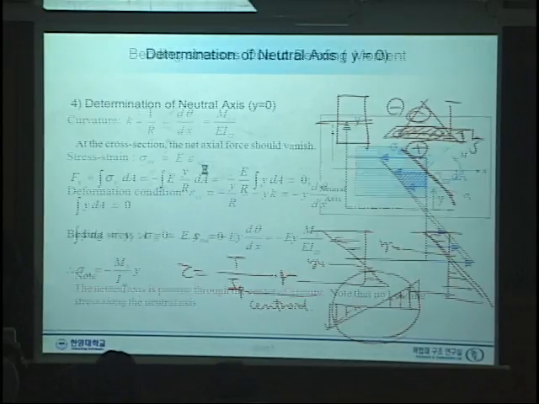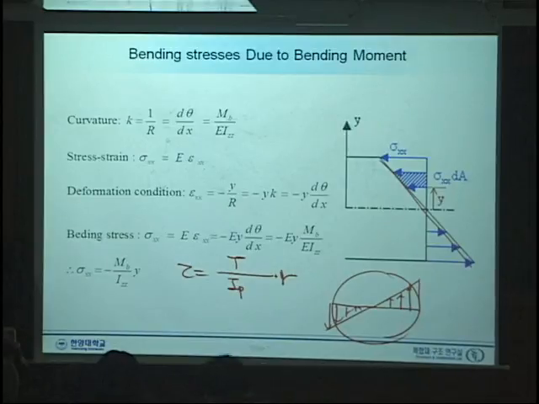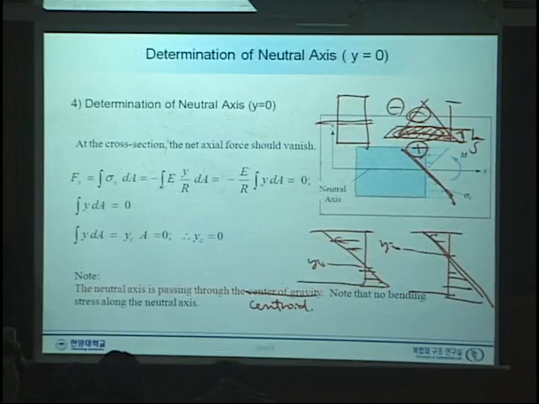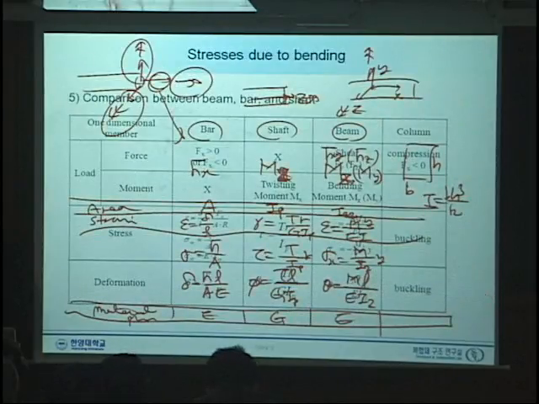Okay, that was the basic theory for beam bending, and here is the summary to compare between bar, shaft, and beam, and to help you better understand each component, force and stress and cross-sectional property and so on.